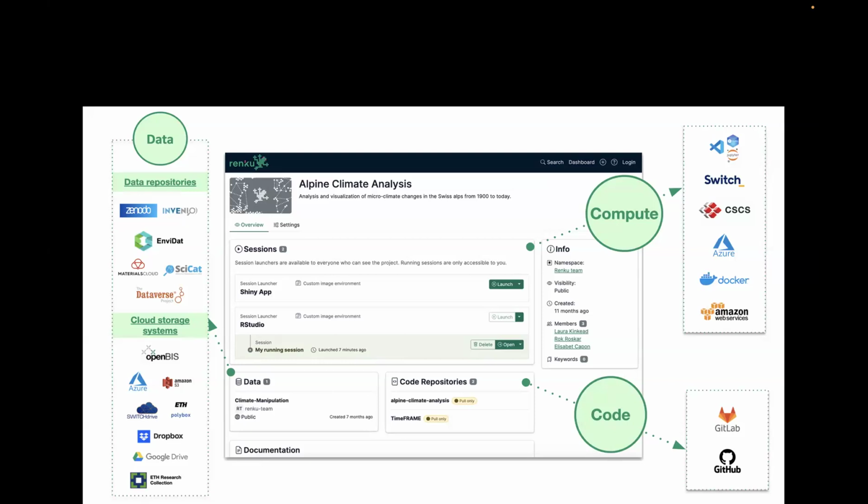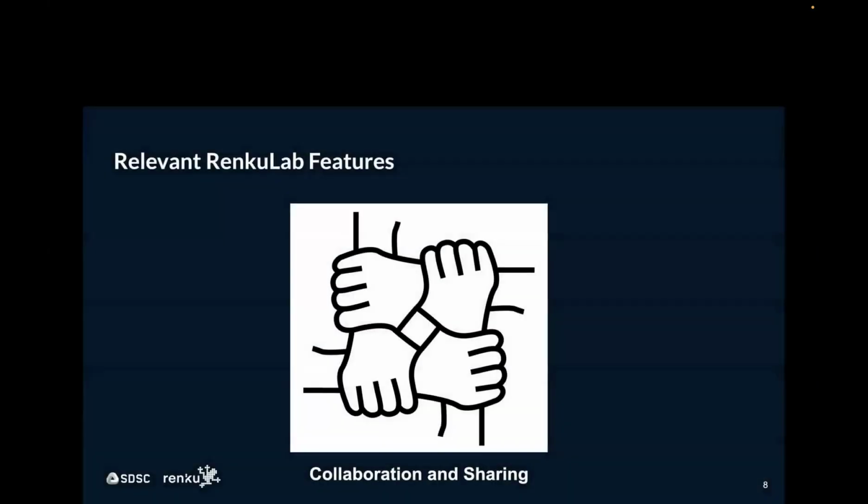So, for example, whether that's compute sessions at CSCS or compute sessions in another cloud provider like Amazon, Renku should be able to connect users to those environments, to those infrastructures, but offer the same kind of familiar interface without having to expose a lot of details about what the infrastructure is actually doing. Yeah, so I think on that front, we have made quite a lot of progress, and we'll talk about that also a little bit later on. Can I hand back over to Elizabeth?